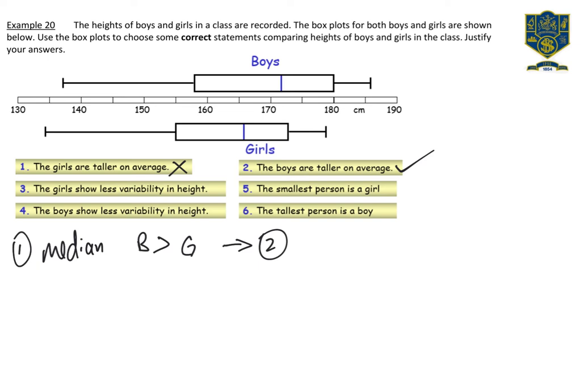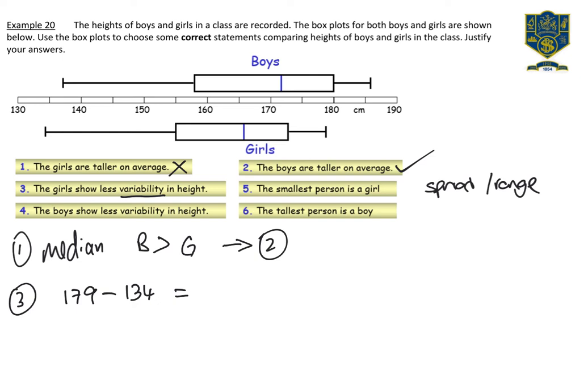Next, the girls show less variability in height. Whenever we see the word variability, we should be thinking about spread or range. So if we look at the girls, the range is from approximately 179 all the way down to 134 maybe.